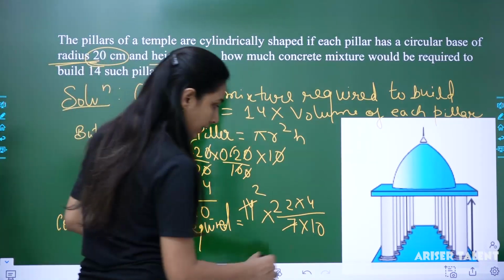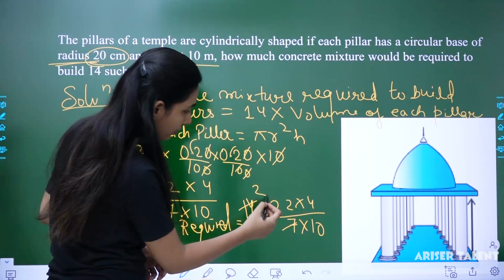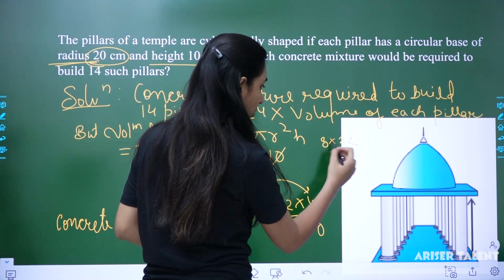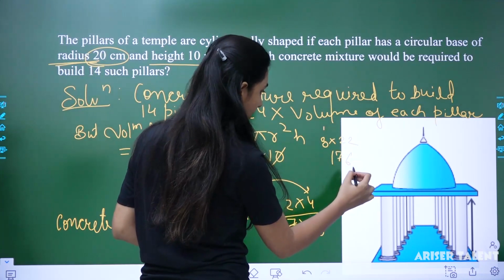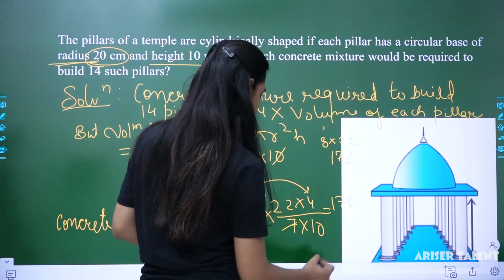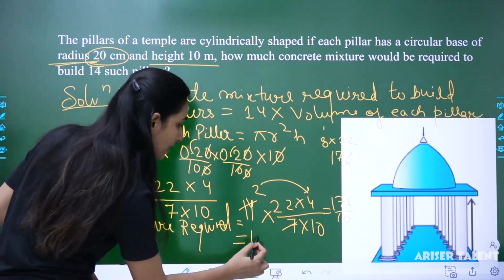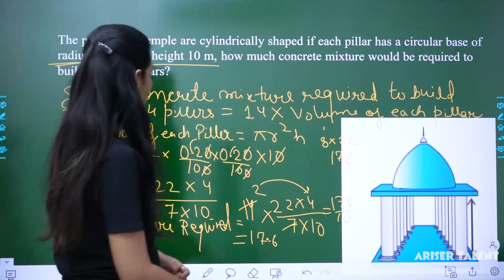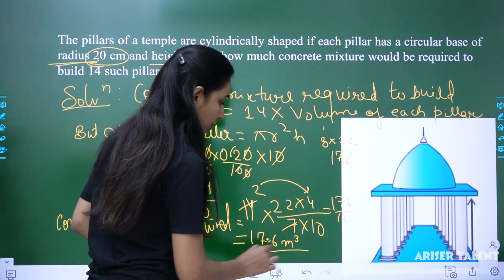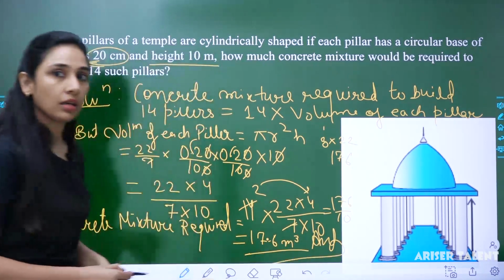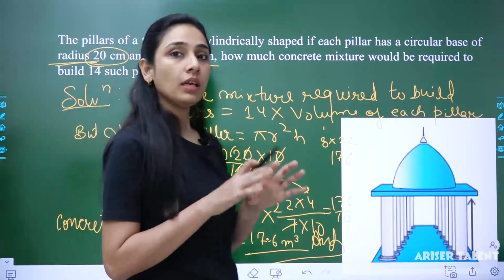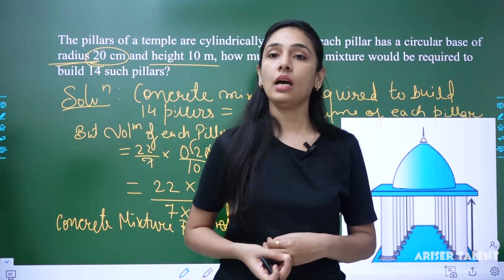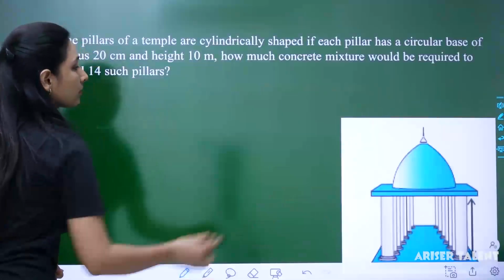You can further solve it to be 8 multiplied by 22, so 176. We will have 176 by 10, so your answer will be 17.6 in meter cube. That will be your answer. 14 multiplied by the volume of each pillar: you have to calculate the volume of each pillar and then we will get the answer. Simple.